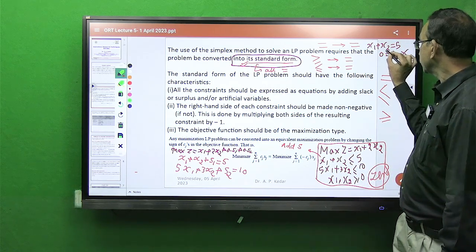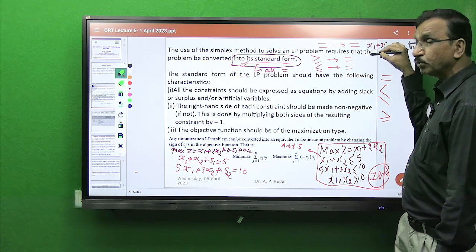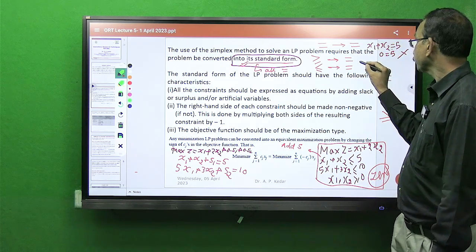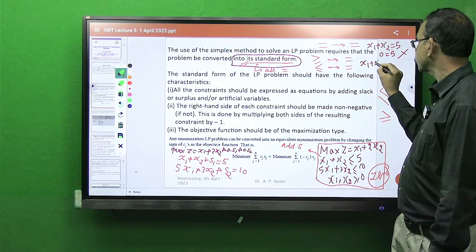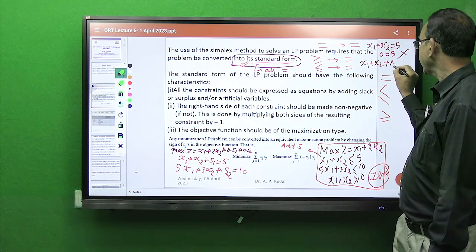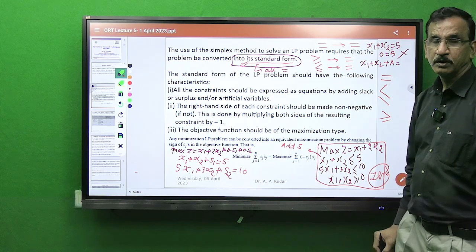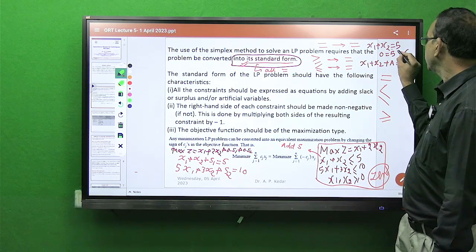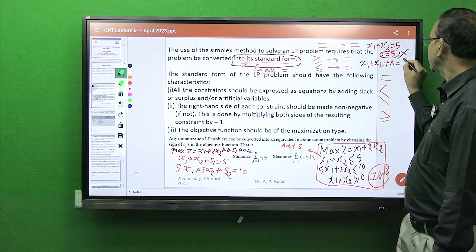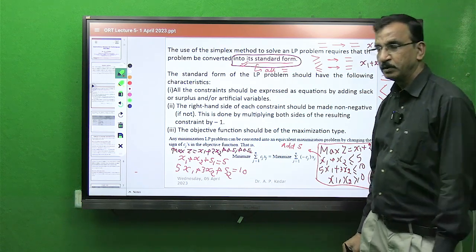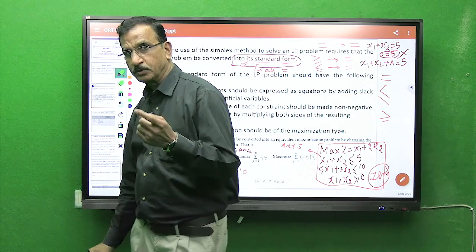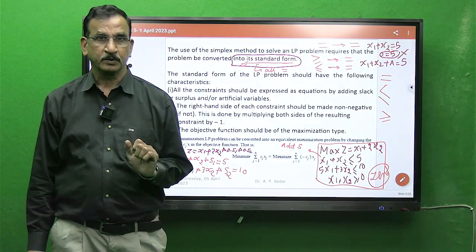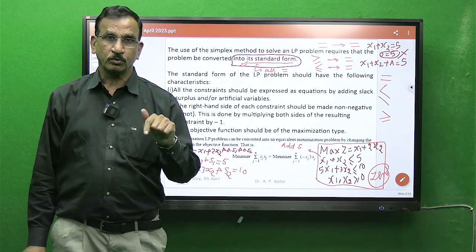To compensate this, whenever in the original canonical form we are having an equal to sign, what we are doing? x1 plus x2 plus a, a is the artificial variable now, to compensate this error, equal to 5. So we have seen for less than equal to you have to add slack, for equal to you have to add artificial.